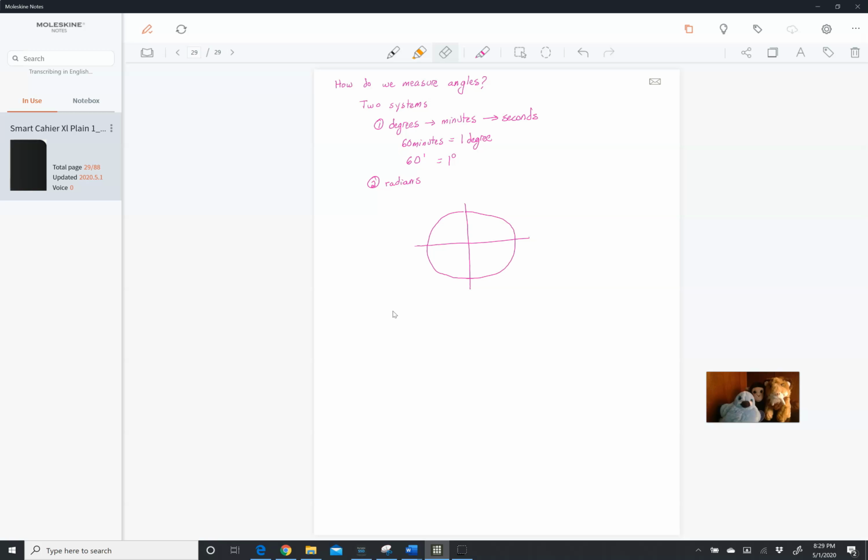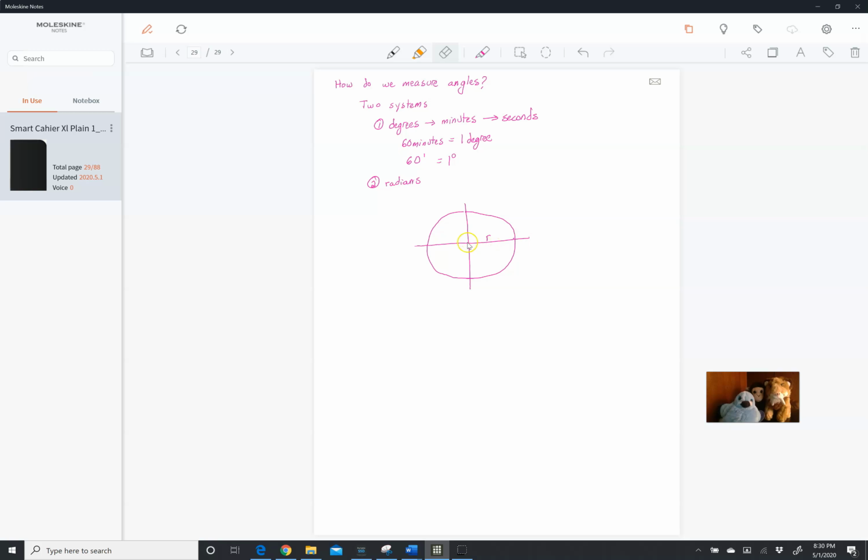Okay, so how does this work? So any circle has a radius of r, right? So if we want to come up with a single radian, what we would do is along the circle, you would think of like a string. You would take a string and you would measure out a length of r, okay? So now you have a string of length r.